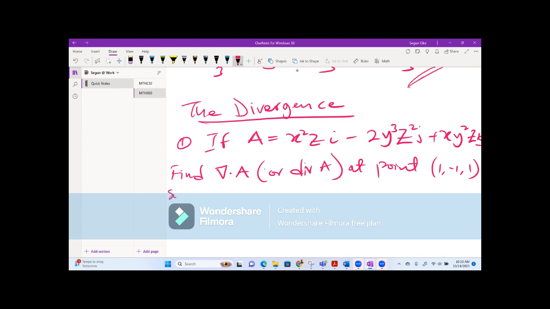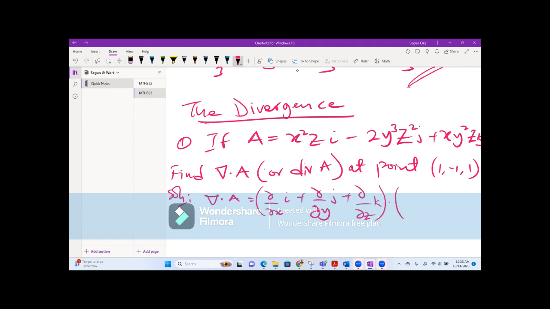To solve this problem is pretty simple. Der dot A will be d dx i plus d dy j plus d dz k.